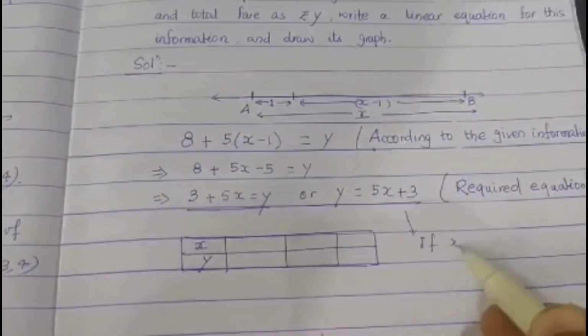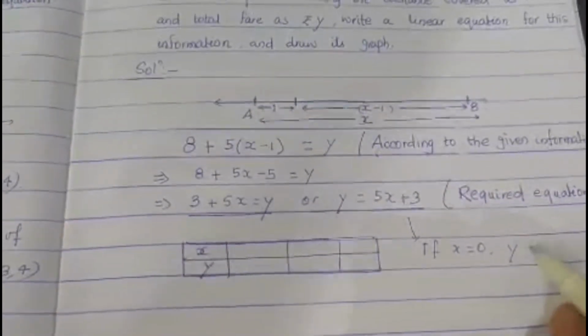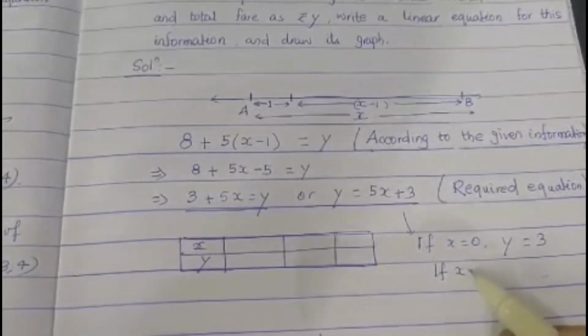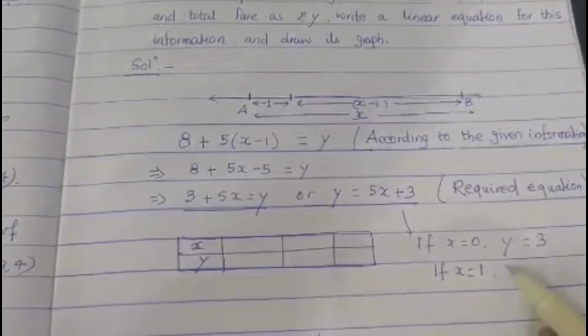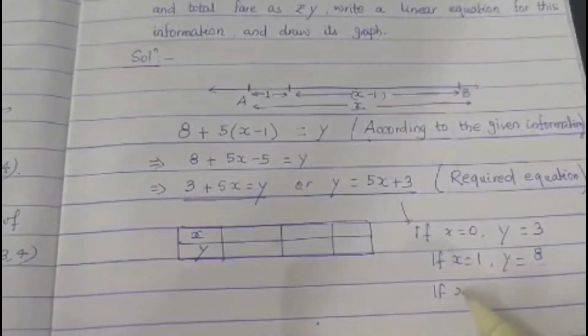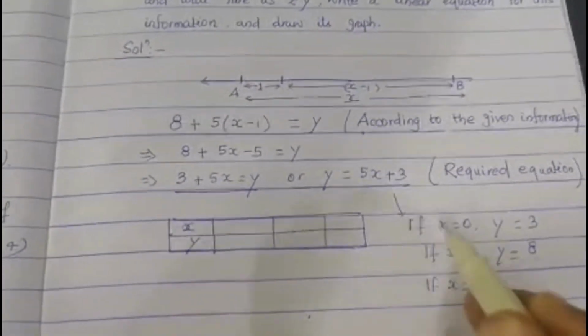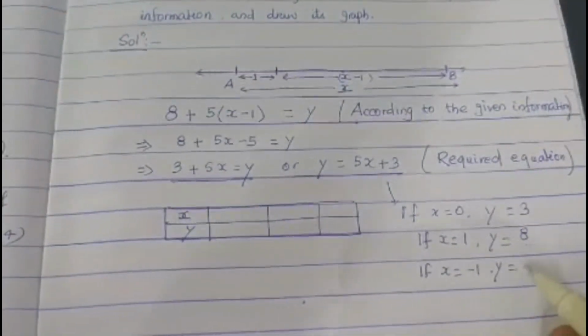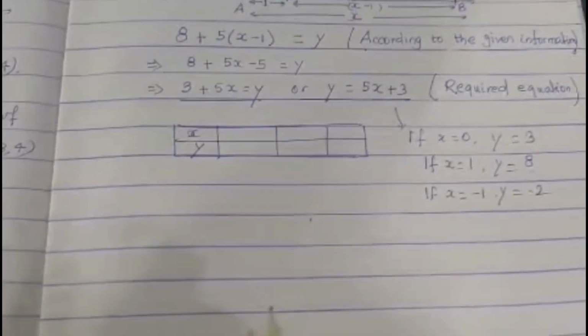So if x equal to 0, then y equal to 3. Now if x equal to 1, then y equal to 8. If x equal to minus 1, then y equal to minus 5 plus 3, which means minus 2.